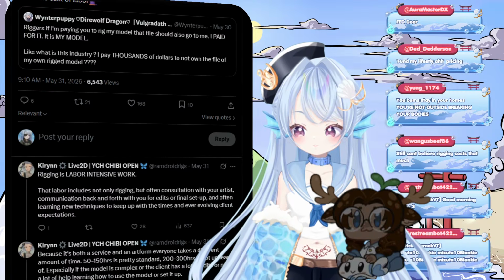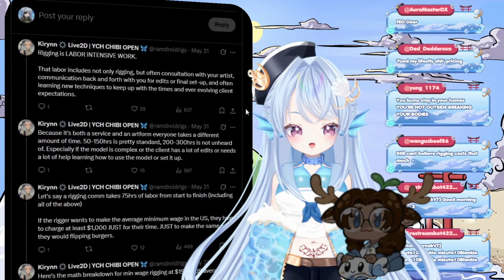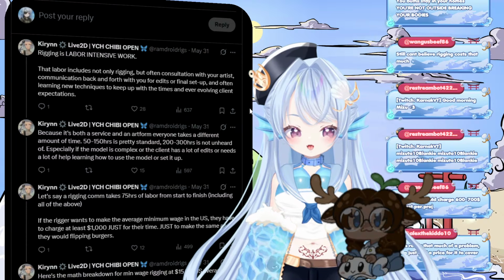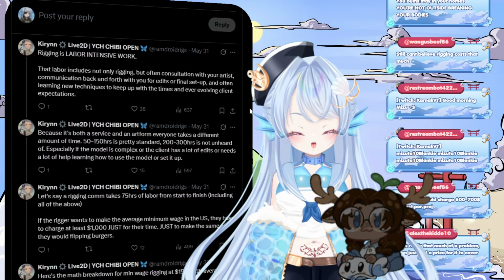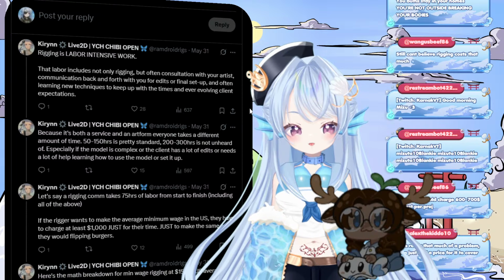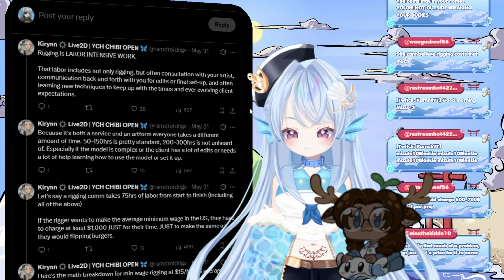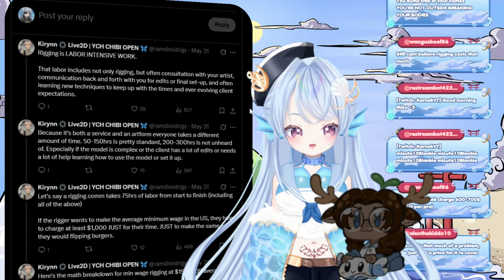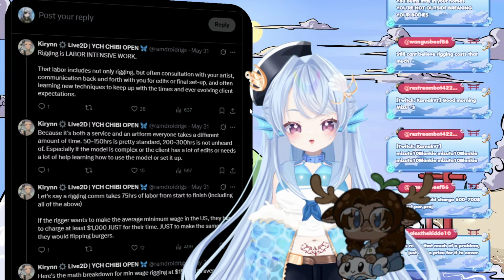They continue, rigging is labor-intensive work. That labor includes not only rigging, but often consultation with your artist, communication and back and forth with you for edits or final setup, and often learning new techniques to keep up with the times and ever-evolving client expectations. I can tell you for a fact, riggers have not been evolving with client expectations at all.